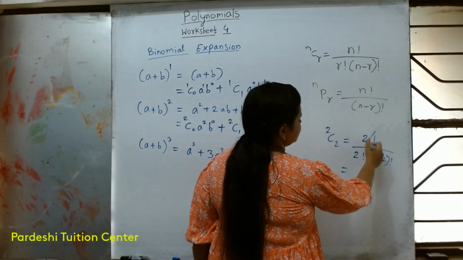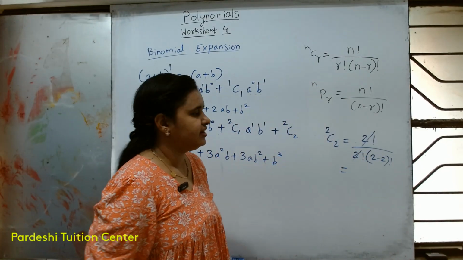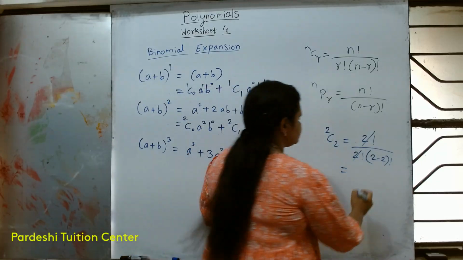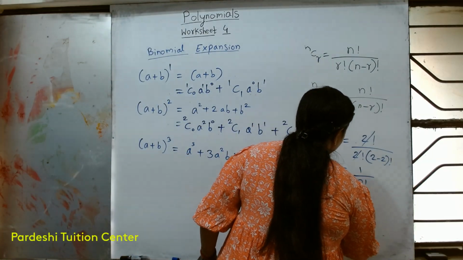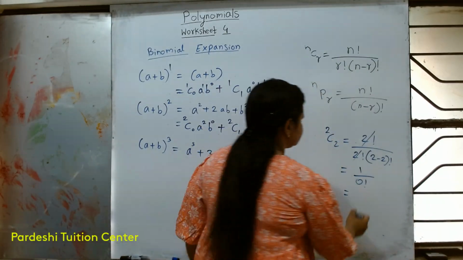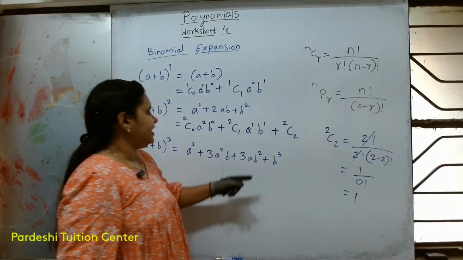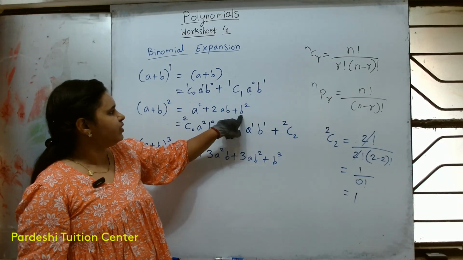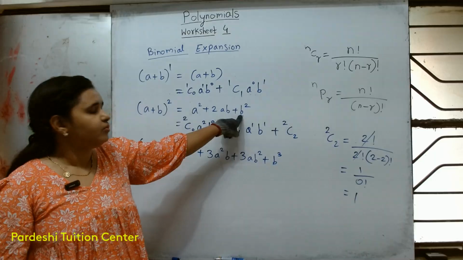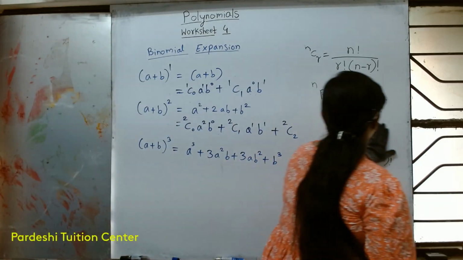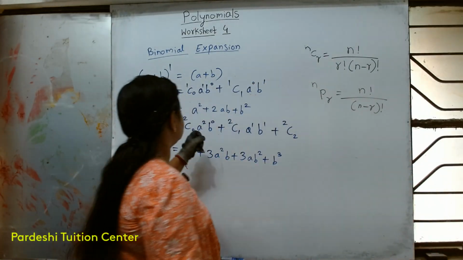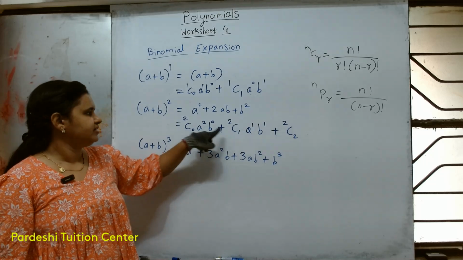So 2 factorial and 2 factorial will get cancelled and 2 minus 2 is 0. So it will be 1 upon 0 factorial, and 0 factorial is 1. So the answer will be 1. So the answer for 2c2 is again 1 and the coefficient here is 1. So it is true.